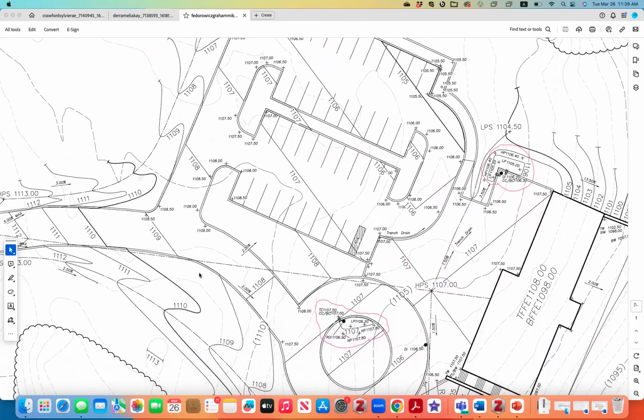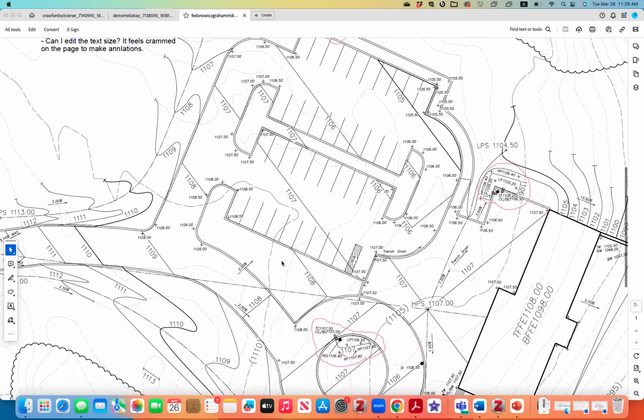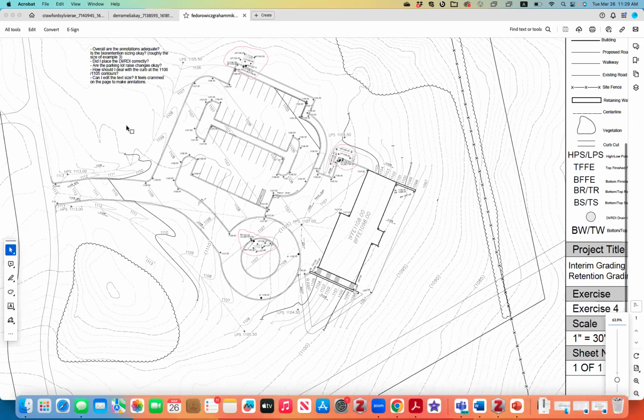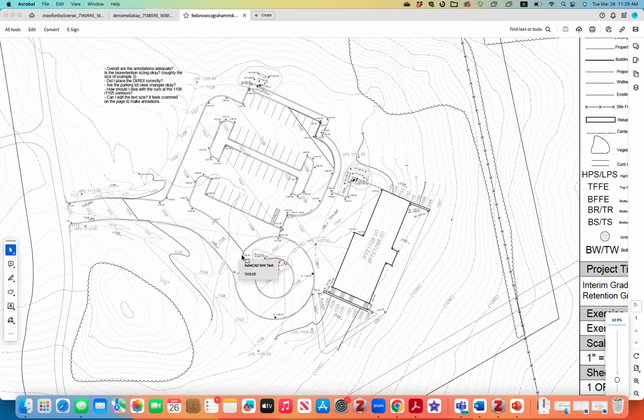So far, I think if we zoom out, your contour label seems okay. Your spot elevations actually are not too small or too big. It needs to be around this size because later on you will have BC and TC, and you'll get a lot more cramped.